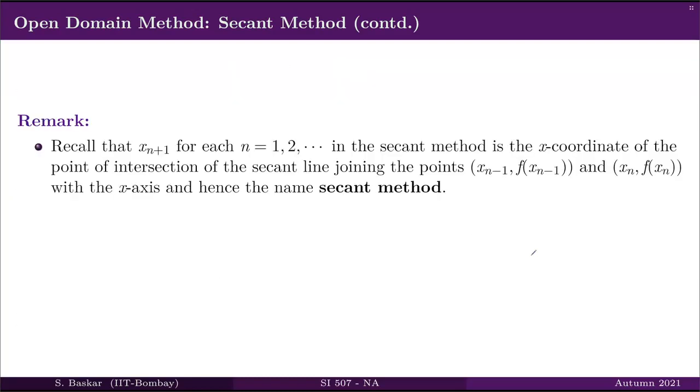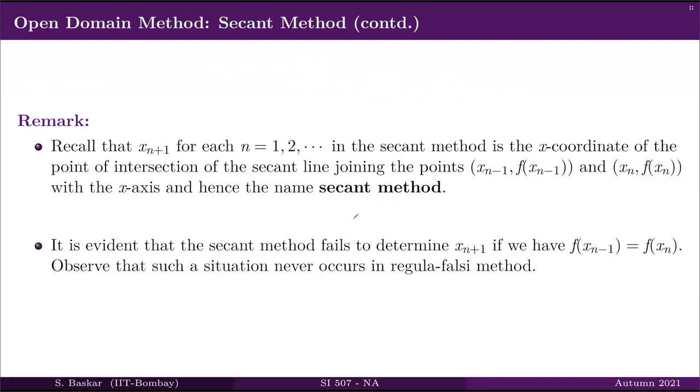In the secant method, the sequence xn is generated in such a way that the number xn is obtained by looking at the line joining these 2 points with the x-axis. If you recall from your elementary geometry, this line is generally called a secant line, and that is why we have the name secant method.